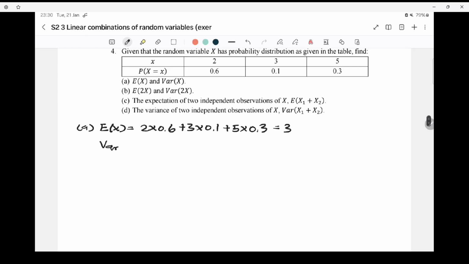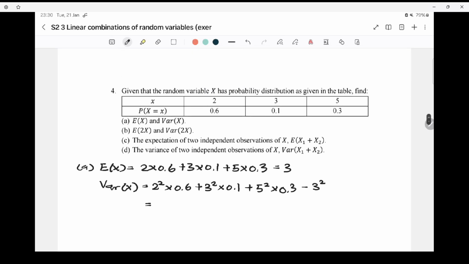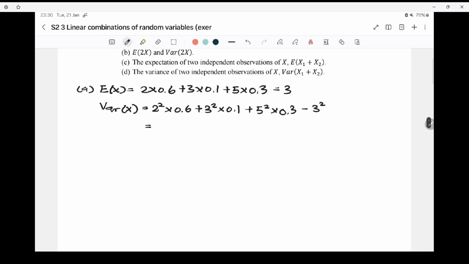The variance of x will be equal to 2 squared times 0.6, plus 3 squared times 0.1, plus 5 squared times 0.3. Remember to minus the mean square, which is 3 squared. So once you calculate everything out, you should get 1.8.